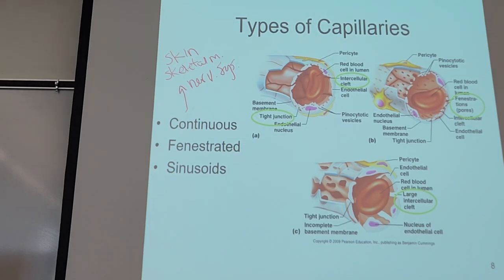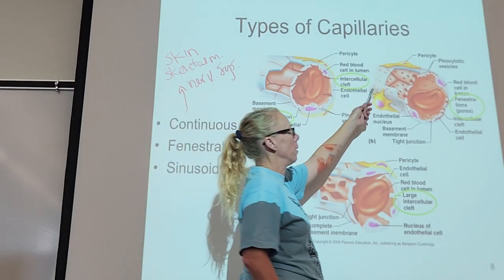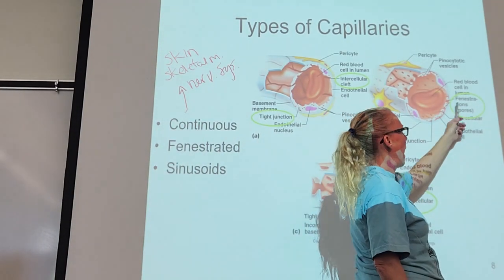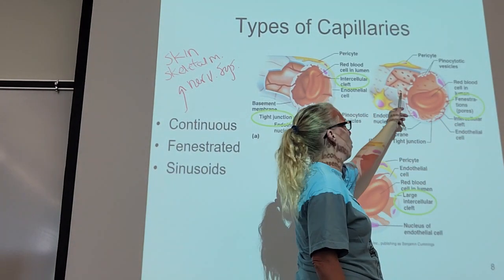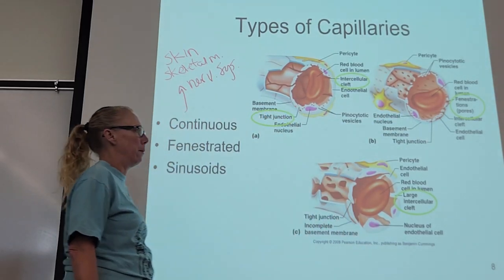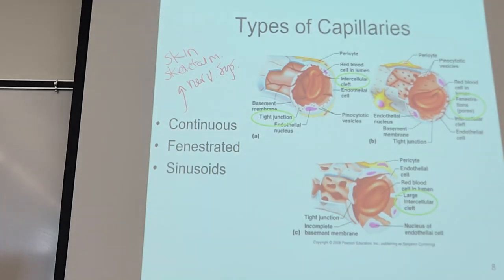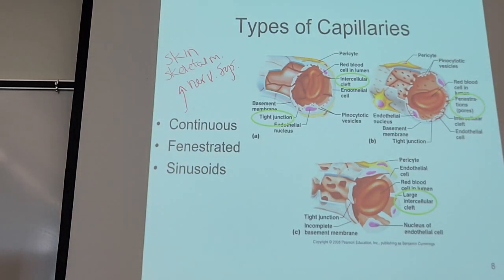Okay, the next in line is called fenestrated, which is the right picture here. Similar anatomy, except you add fenestrations, which are pores, and you can see there's a little bit more leakiness through those squamous cells. Okay, so there's more leakiness of this particular capillary.